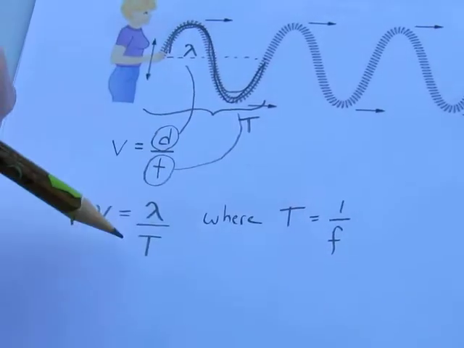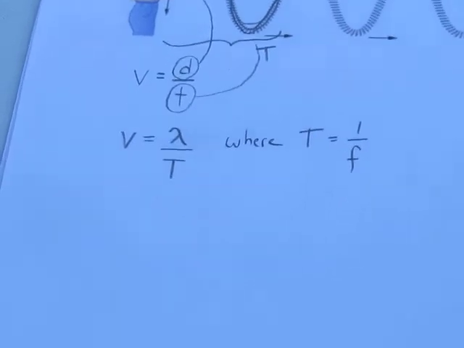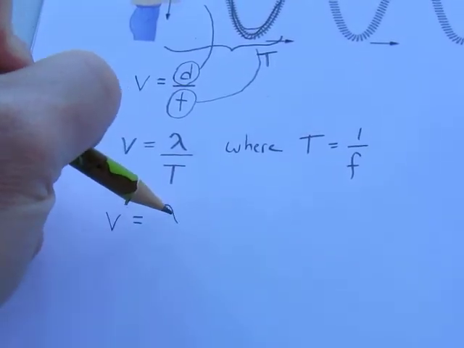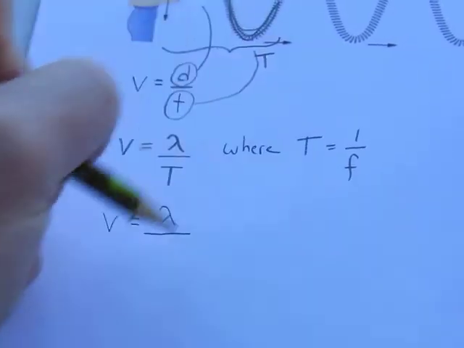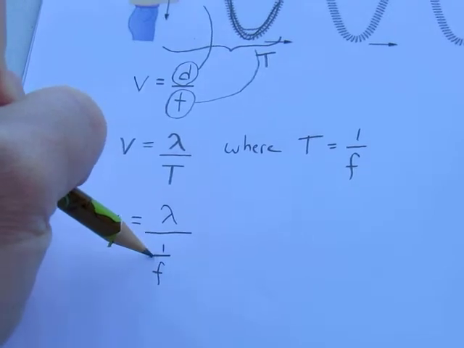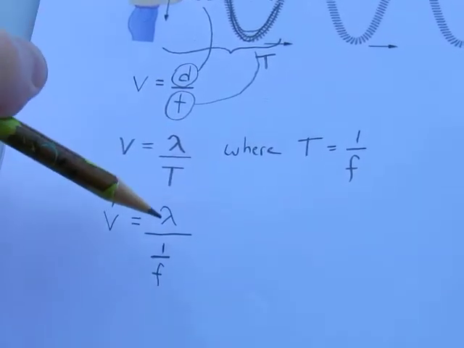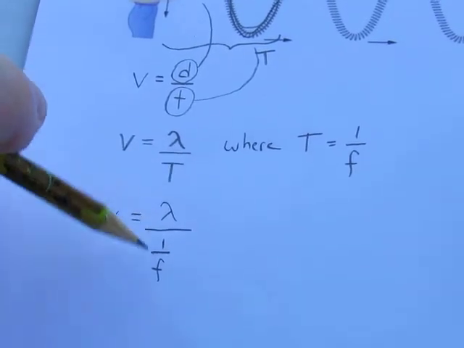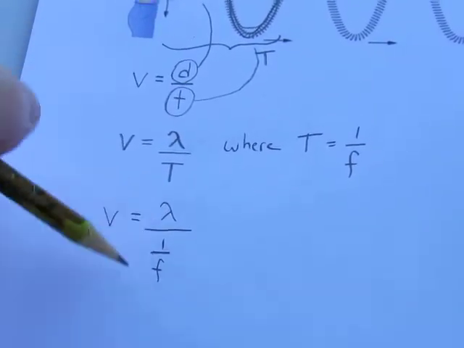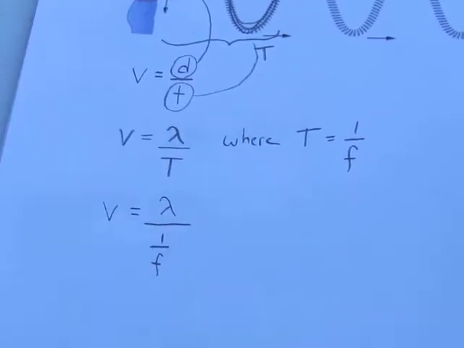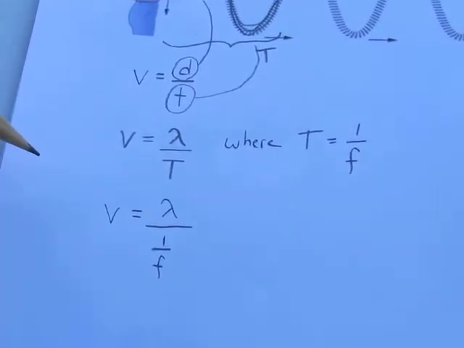So if we sub that in, we'll have speed equals wavelength divided by 1 divided by f. And that's poor format. You never leave fractions inside of fractions when you can help it. Do you remember what to do if you have a fraction on the bottom of a fraction? It's actually grade 6 or 7 math.